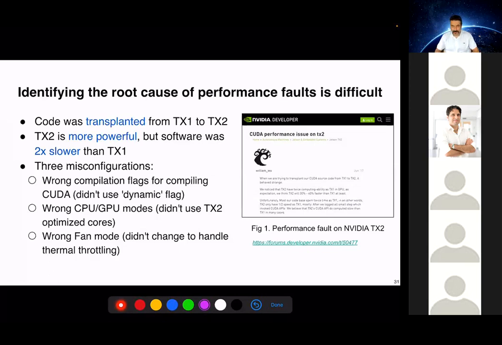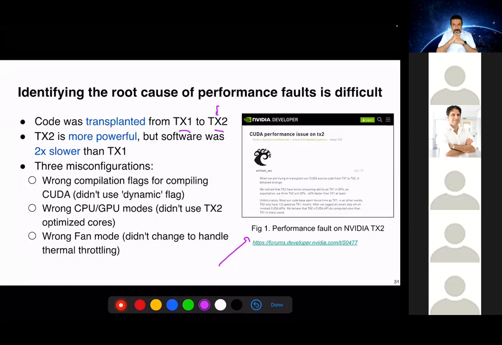So this one was a bug report when the end user was changing the hardware from TX1 to TX2. TX1 and TX2 are NVIDIA hardware with different microarchitecture. And when the user changed the hardware, we know that TX2 has much more capability in terms of hardware resources.